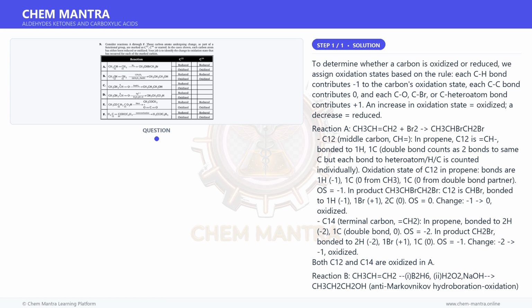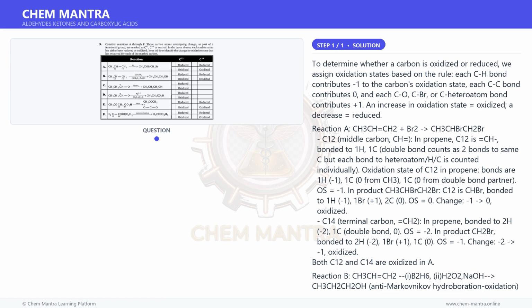OS is equal to -2. In the product CH2Br, bonded to 2H, -2, 1Br, +1, 1C, 0. OS is equal to -1. Change -2 to -1, oxidized. Both C12 and C14 are oxidized in A.